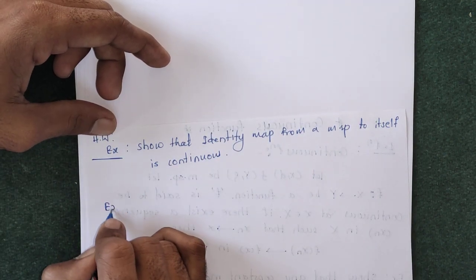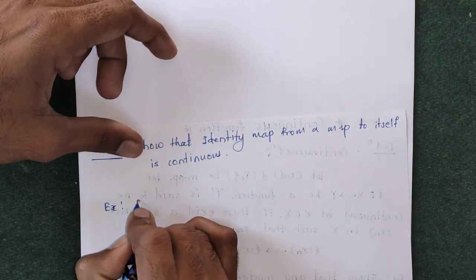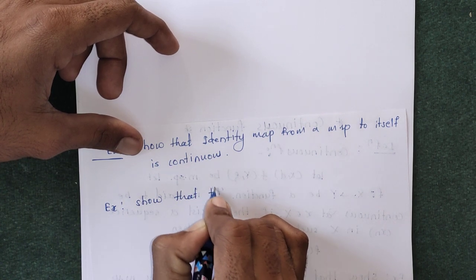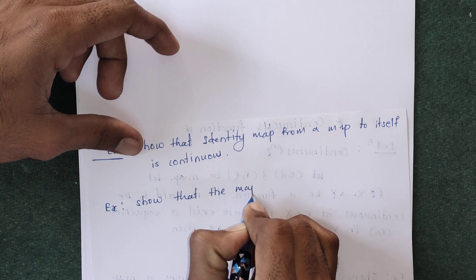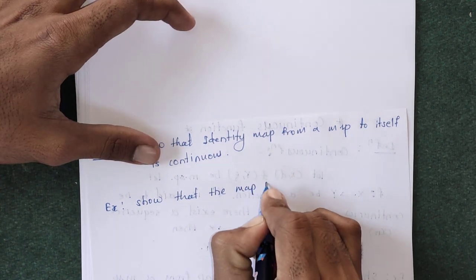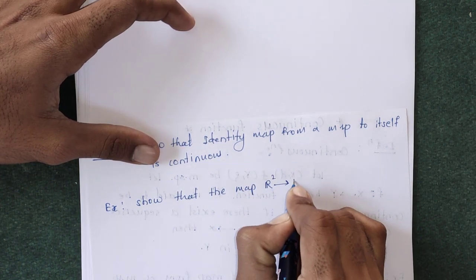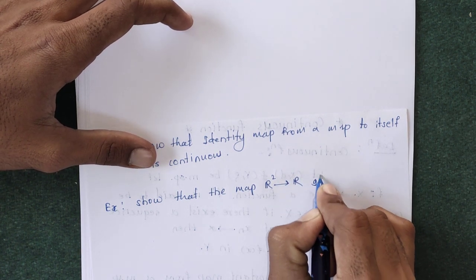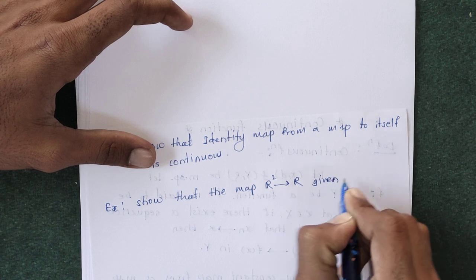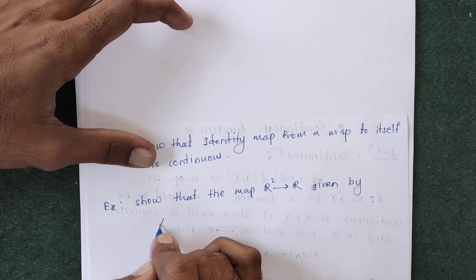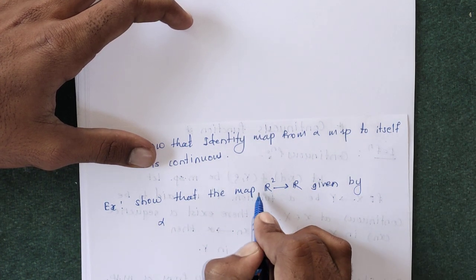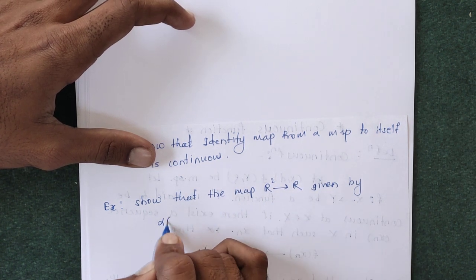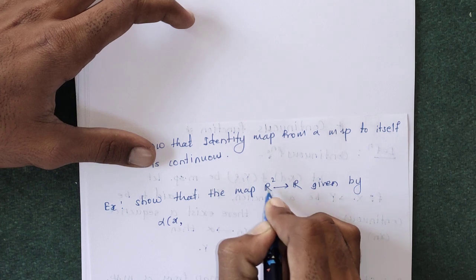Now the next example is to show that the maps from R square to R are continuous. There are two functions, alpha from R square to R, and mu from R square to R. The elements of R square are ordered pairs.